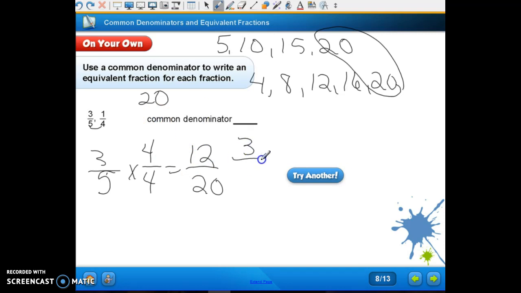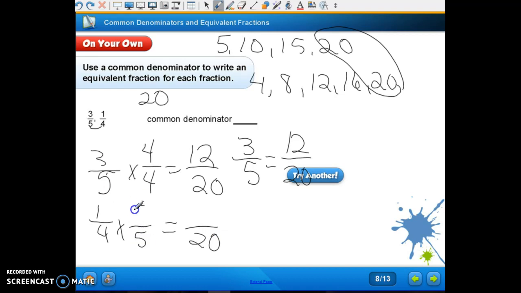So 3/5 is equal to 12/20. If I'm going to do 1/4 and I want to set it equal to 20, what am I going to multiply it by, Jay Sean? 4 times what is 20? 5. So 1/4 is equal to 5/20.